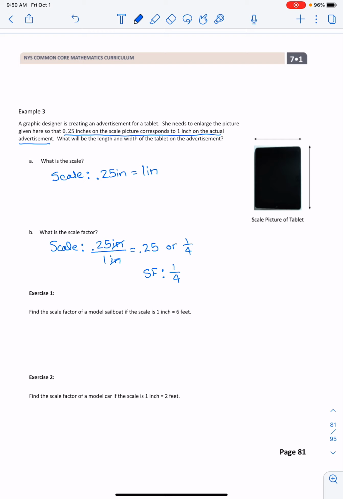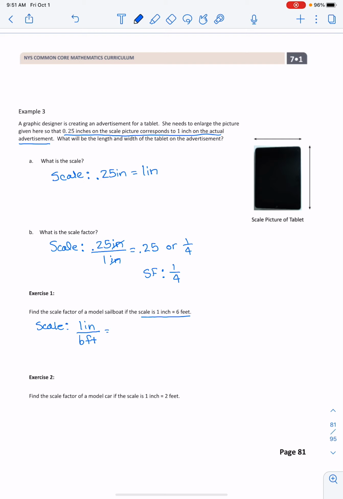So our next question says, find the scale factor of a model sailboat if the scale is 1 inch equals 6 feet. So our scale is 1 inch over 6 feet.